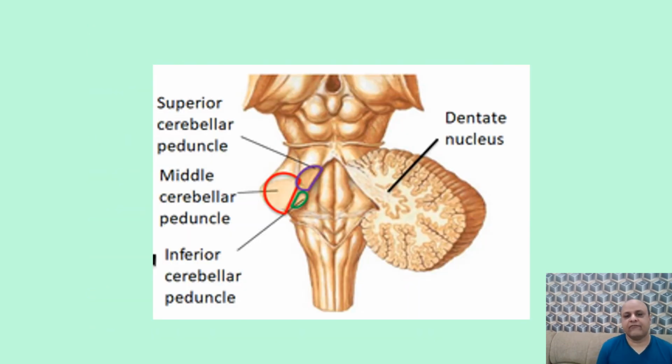So here in the diagram we can make out the location of these peduncles. So this is the location of superior cerebellar peduncle connecting the cerebellum with the midbrain. Middle cerebellar peduncle connects it with the pons. Inferior cerebellar peduncle connects it with the medulla. And here you can make out the arbor vitae and this white matter of the cerebellum showing you the dentate nucleus.